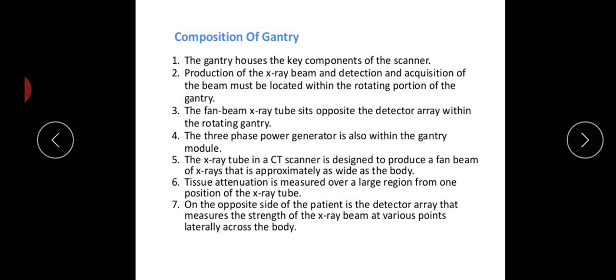The X-ray tube in a CT scanner is designed to produce a fan beam of X-rays that is approximately as wide as the body. Tissue attenuation is measured over a large region from one position of the X-ray tube. On the opposite side of the patient is the detector array that measures the strength of the X-ray beam at various points laterally across the body.